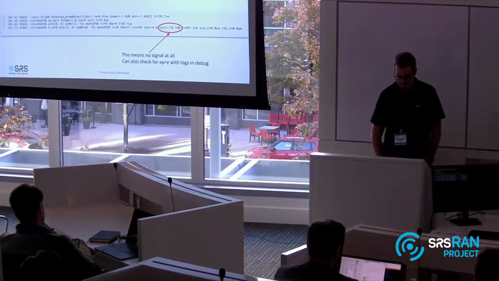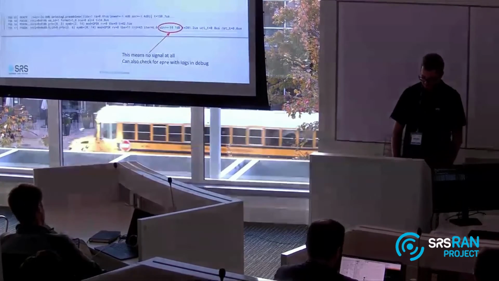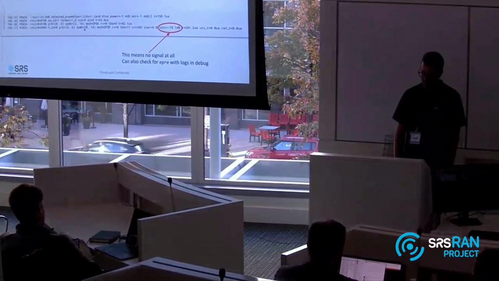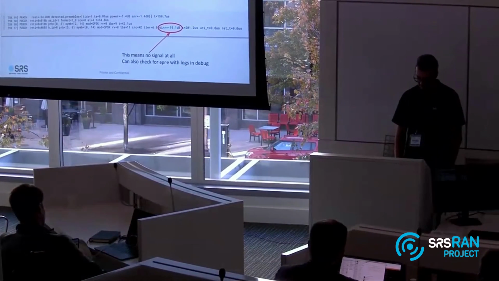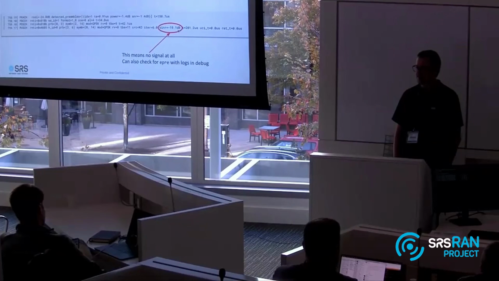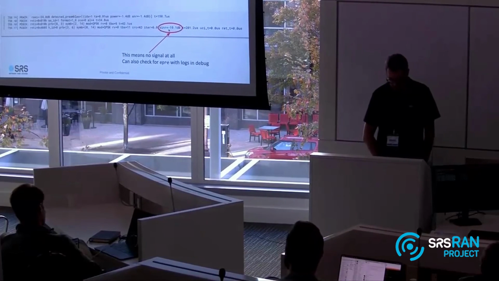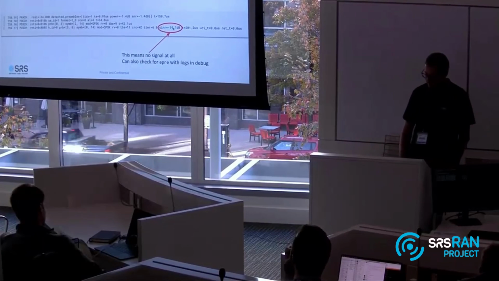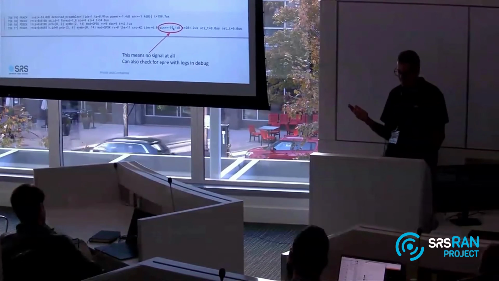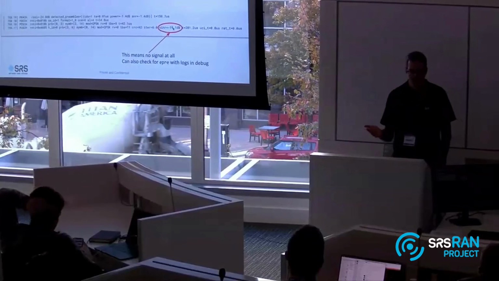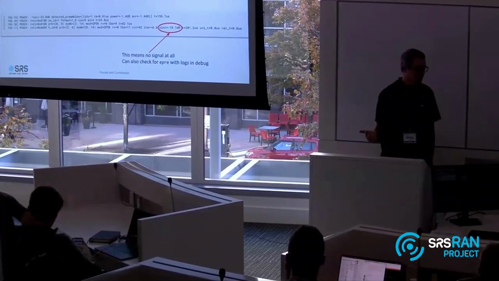Say that you see the PRACH, for instance, you see a log like this. This actually comes from a user in the mailing list. You see the PRACH, but then the SNR is negative and nothing else happens. If you see an SNR like this, minus 19 or minus 15 or minus 10, this means that there is really no signal.